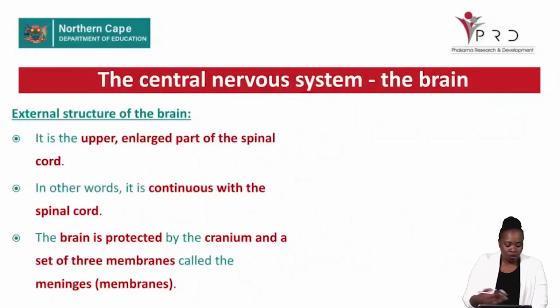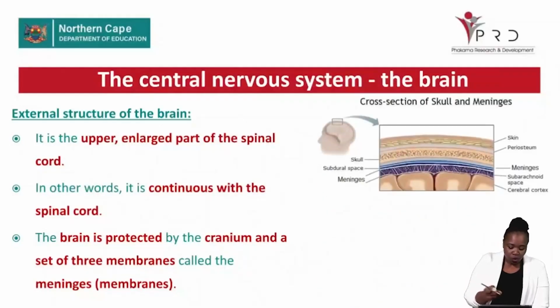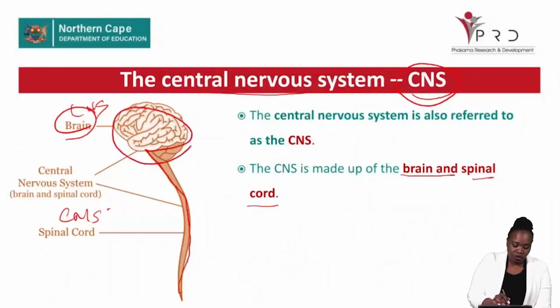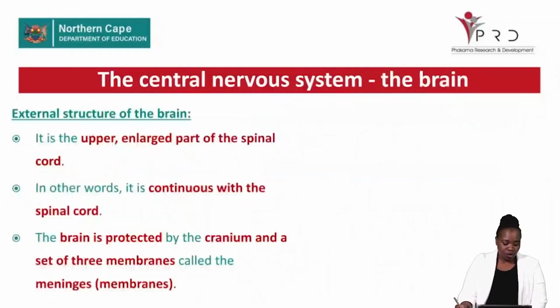Okay, so we are going to be looking at the external structure and the internal structure of the brain. Right. Okay, so this is the upper enlarged part of the spinal cord. So as we can see here, they are connected. Here we have the spinal cord at the bottom, and then at the top we have the brain. So it is the upper part of the spinal cord, right? So it continues with the spinal cord as we have seen.